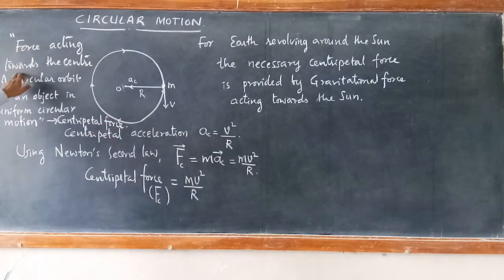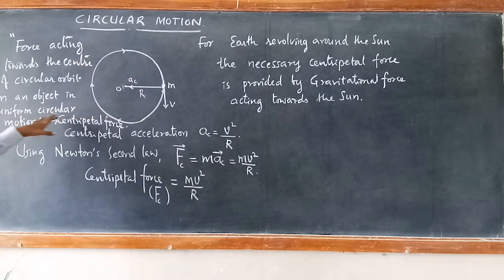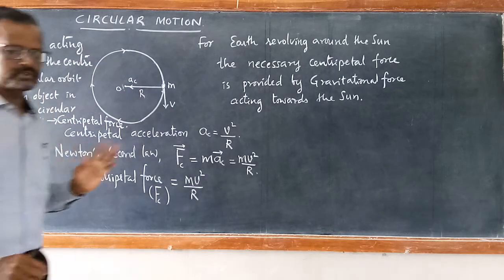So the force acting towards the center of the circular orbit on an object which is undergoing uniform circular motion is called centripetal force.